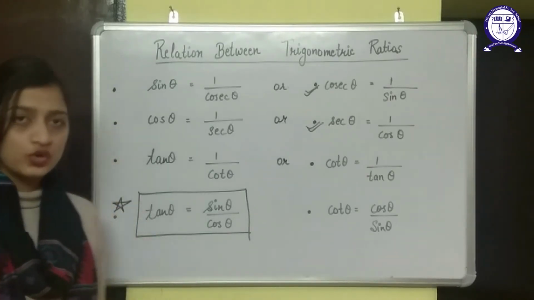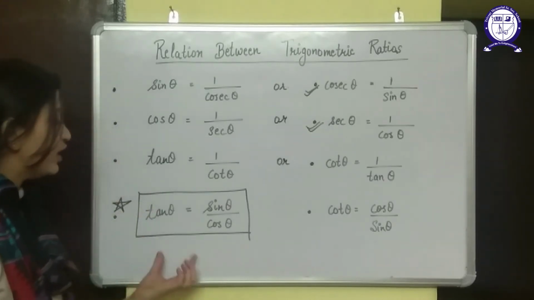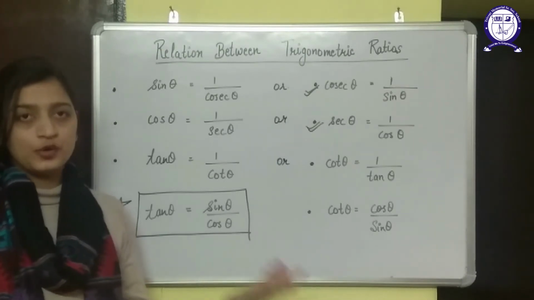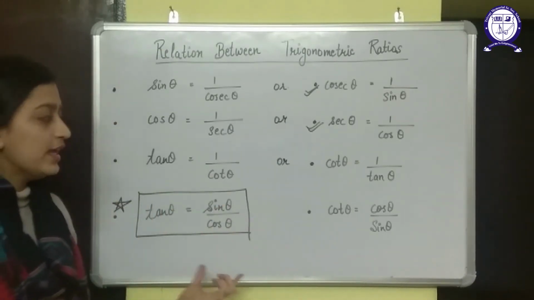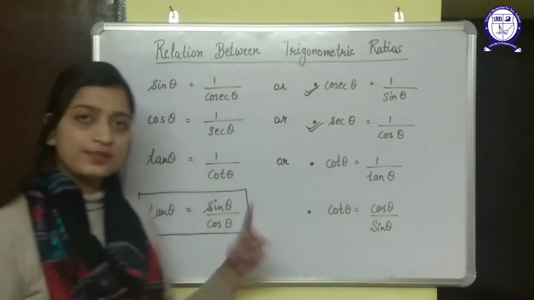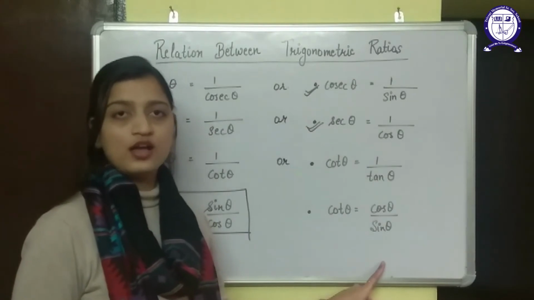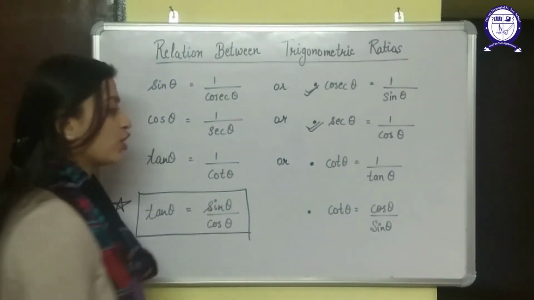We know that cot theta is the reciprocal of tan theta. Whatever the value of tan theta, cot theta will be its reciprocal. So if tan theta is sine upon cos, then cot theta will be the reciprocal of this, that is cos theta upon sine theta. So this is the relation for cot, sine and cosine.